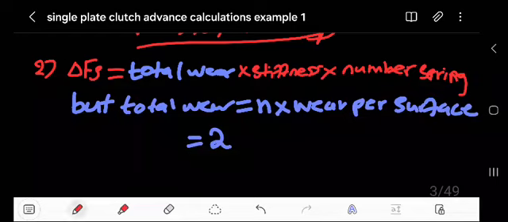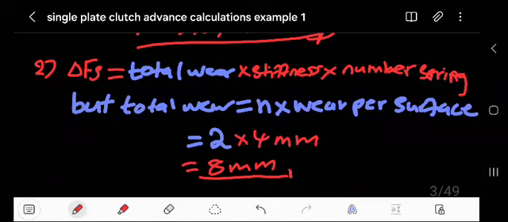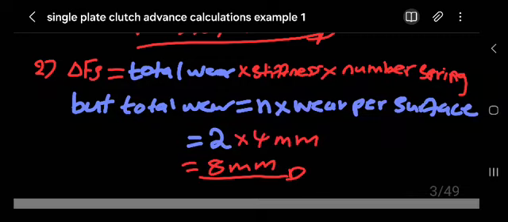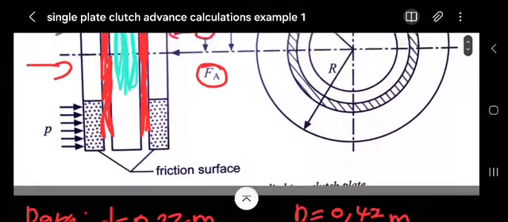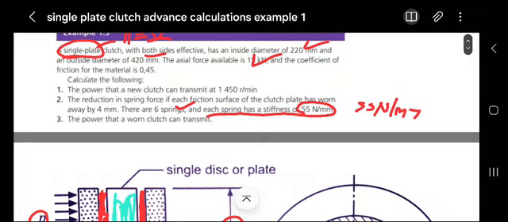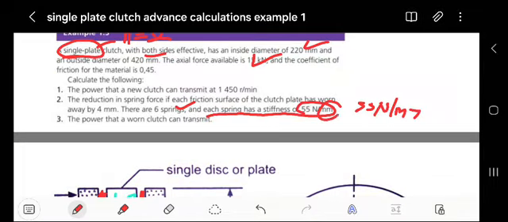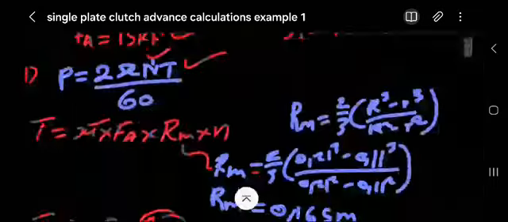We've discussed that. Multiply by wear per surface, which was 4 millimeter. That means this will be 8 millimeters. Why did I not convert these millimeters? Because you can check that the stiffness is also in millimeter. So I'm on the right track there.